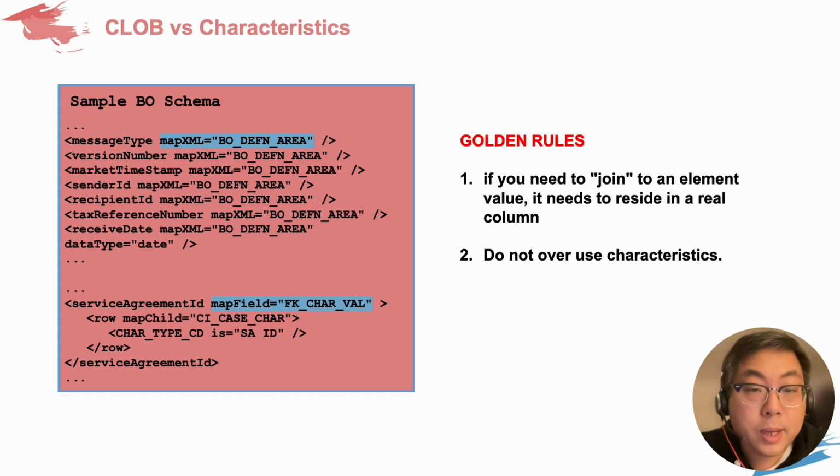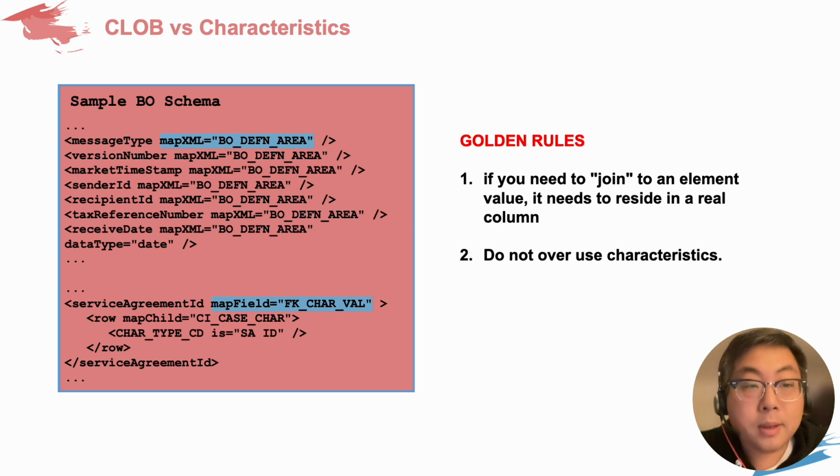But the second rule is do not overuse characteristics, because quite often not just one characteristic will be involved in your query when you're doing, let's say, a business report. There could be multiple characteristics being used.